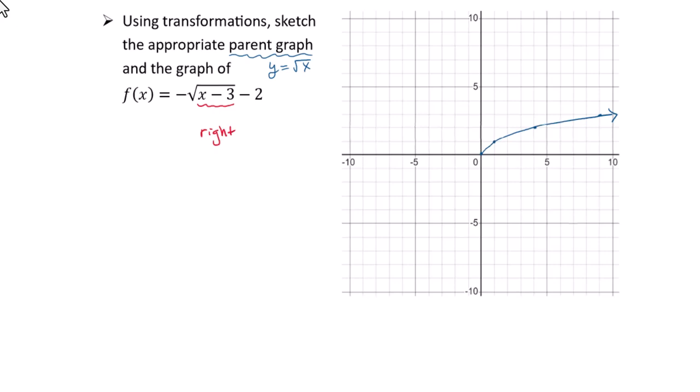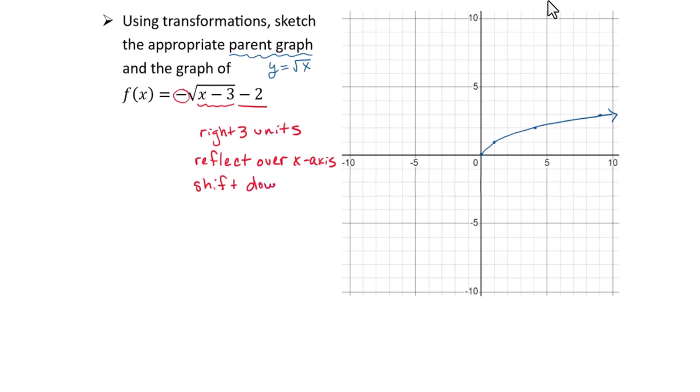We've moved this graph right 3 units, and then this negative out front says that we're going to reflect our graph over the x-axis, and then the minus 2 says that we're going to shift each of those points down 2 units.